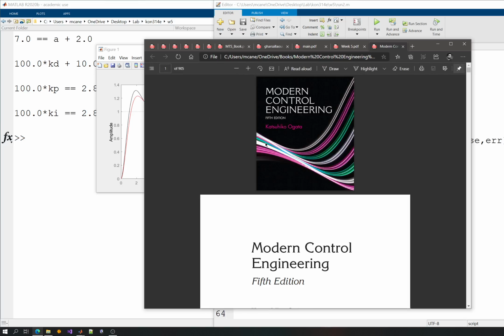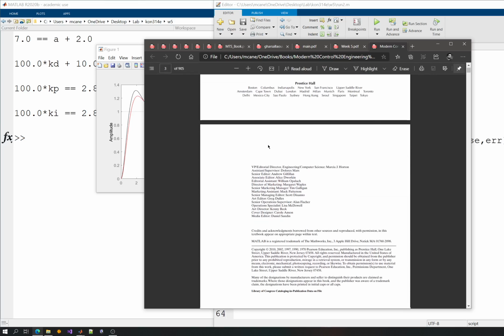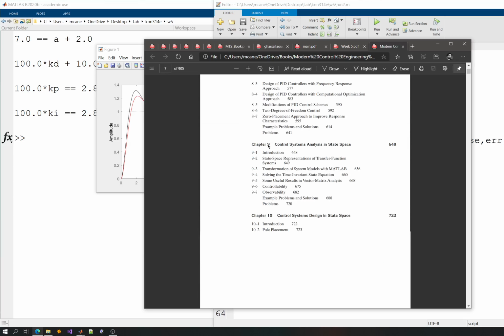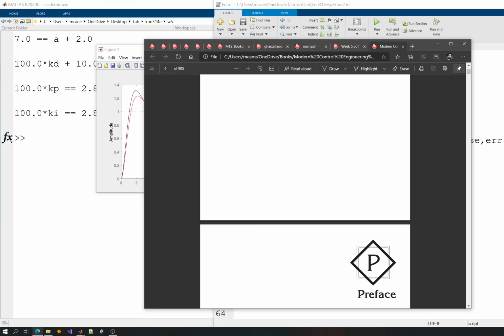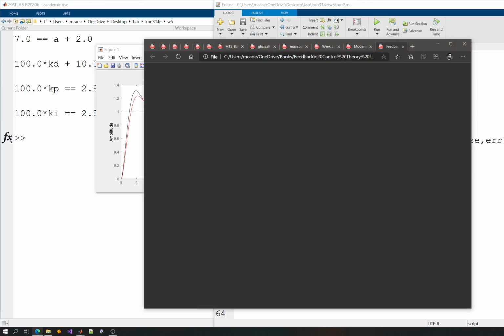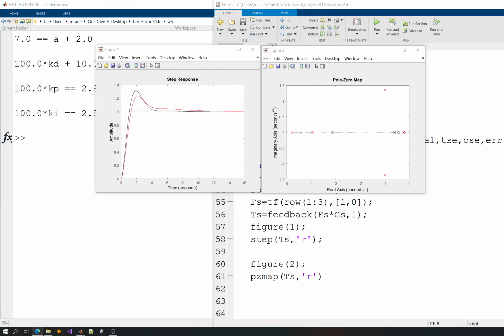This book here, does it have that on it? Oh, that was not the book we had there. Maybe I have another control book. Most of the control books have this nice plot that we are familiar with. I'm trying to find a control book that has that. Does this one have that? Interesting.